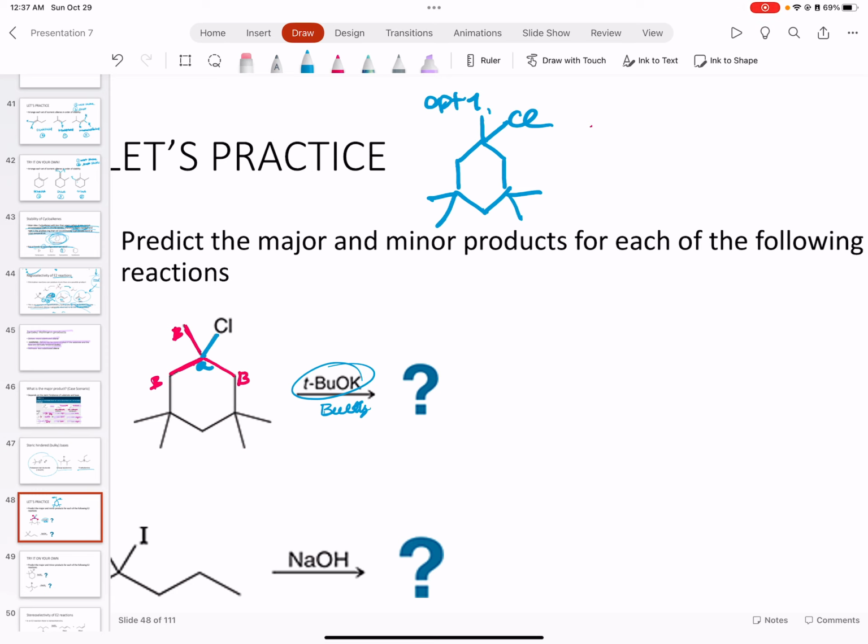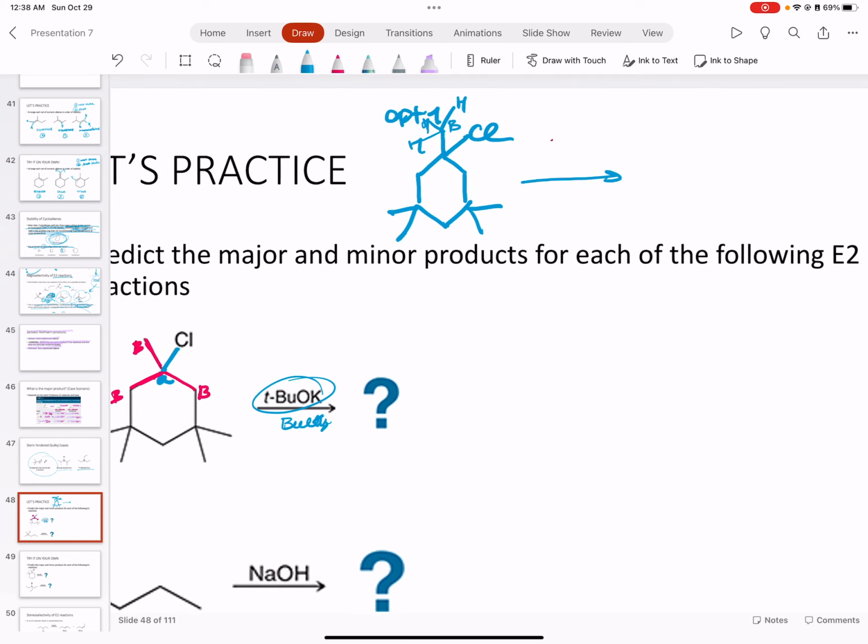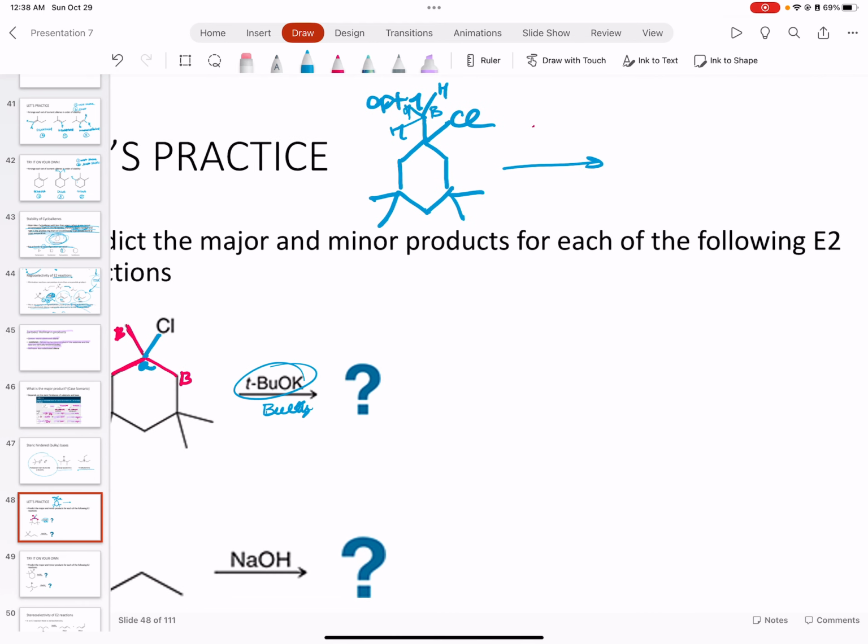So I'm gonna take out from this beta position in here. So I have a hydrogen, hydrogen, hydrogen. And then I'm reacting with tert-butoxide, okay? When it's like that, I just write it and then I just put it with a negative. But I just keep in mind that that one's gonna be really bulky. So remember in E2, our base just takes a hydrogen from that beta position.